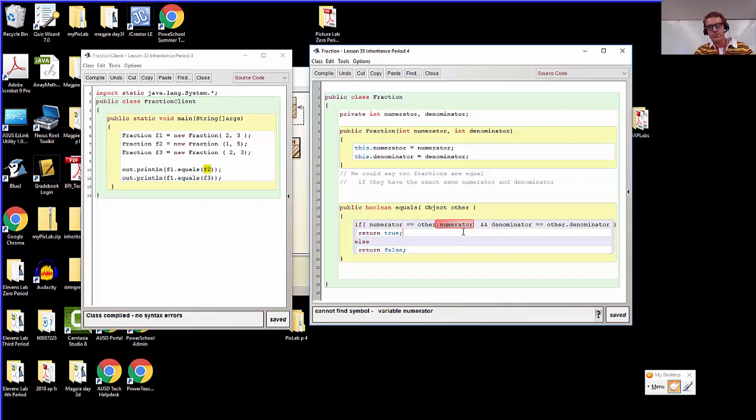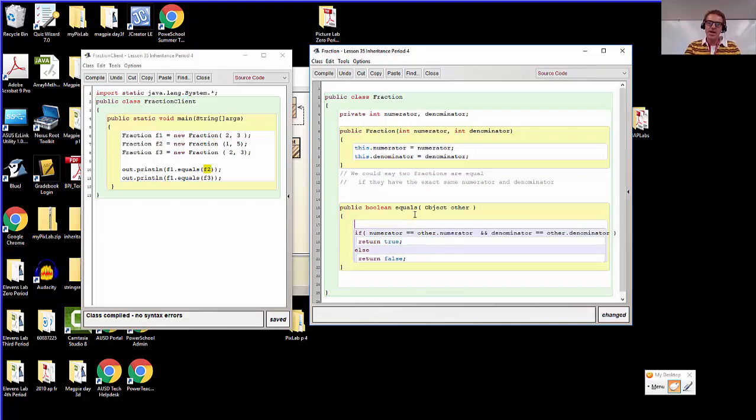So what can we do? Well, the first line of an equals method, everyone I've ever written, I think, has something like this. We say Fraction f equals a cast of Fraction for other. Now other is a fraction.